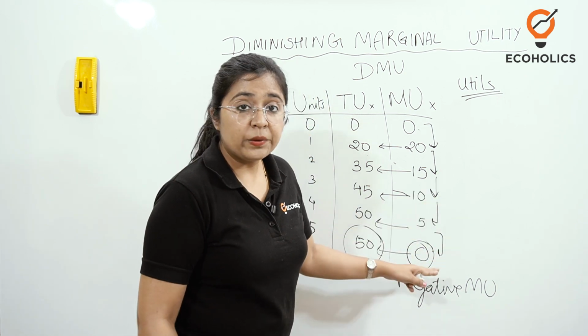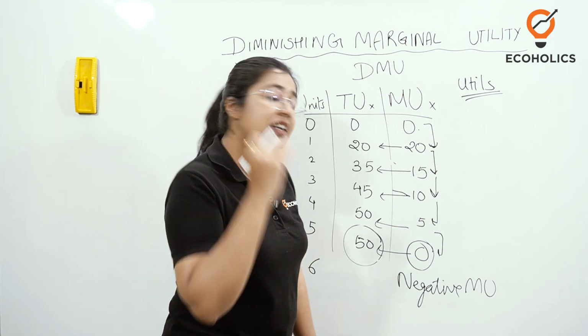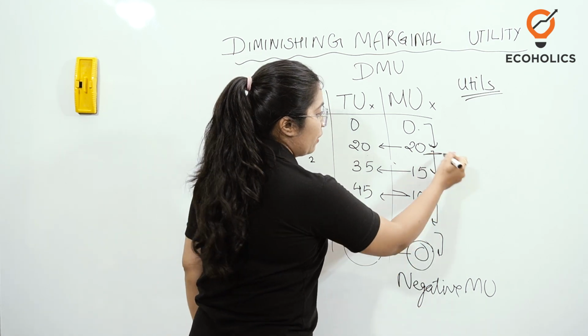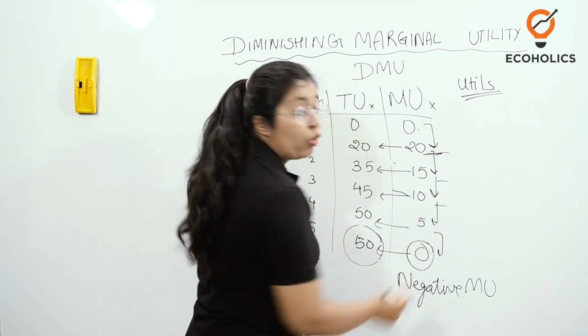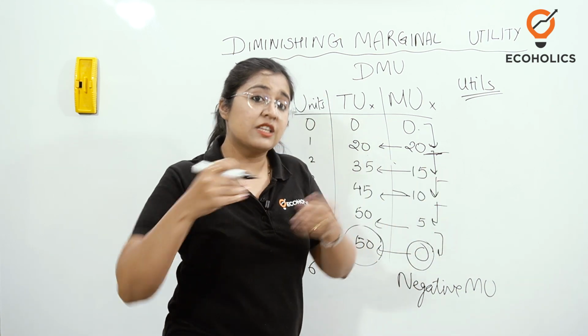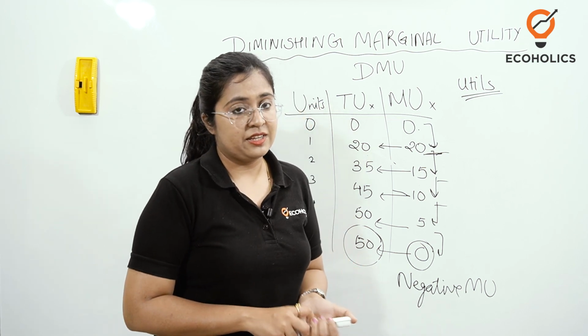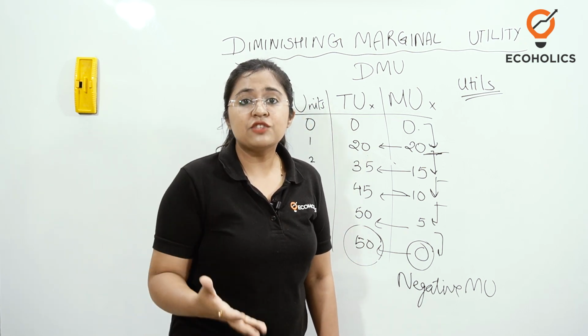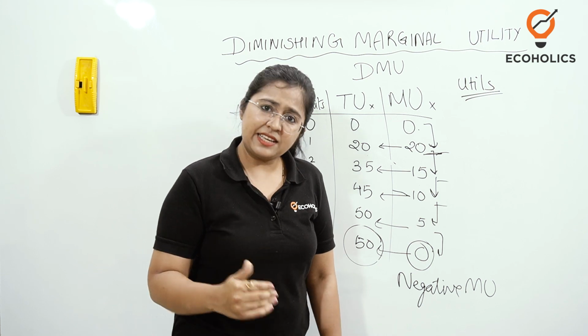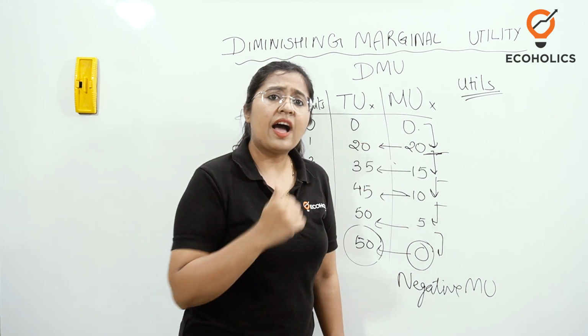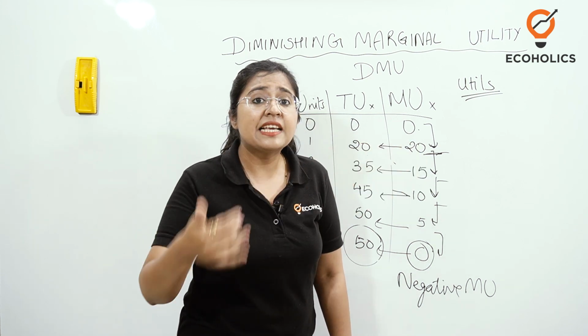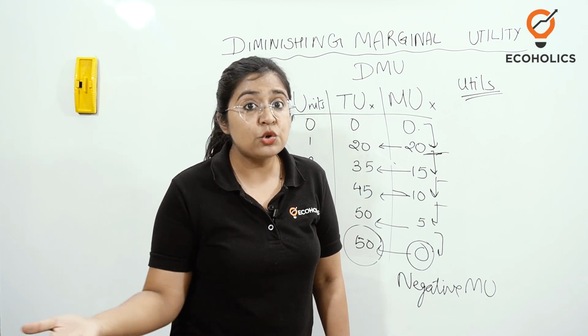The rate is consistently decreasing after this. So you have 20, then 15, then 10. Although they are additions, they are in decreasing order, right? That's why it's diminishing marginal utility. It just means that your satisfaction level starts to decrease once you increase the number of units being consumed.